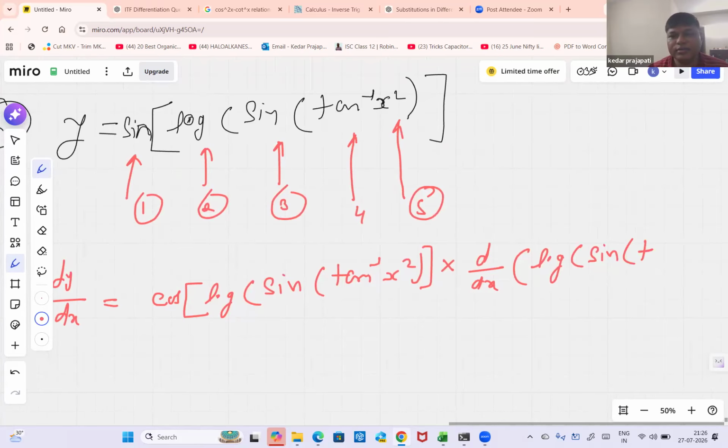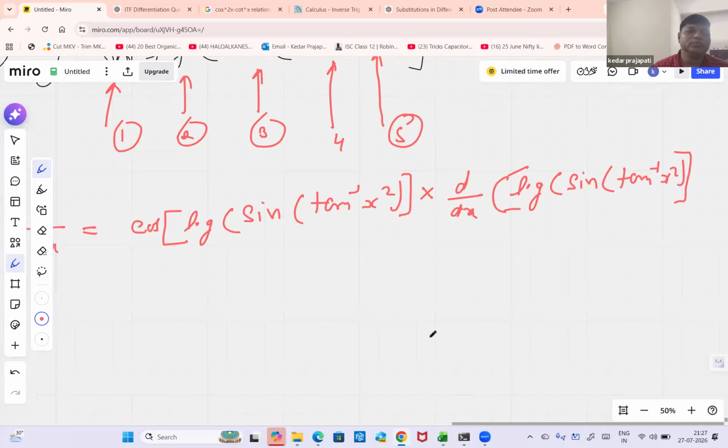Sine tan inverse x square. Clear? Now, while you're copying, no need to write right now, just write like this, saving time. Log will be 1 by sine. Log x, this is x.